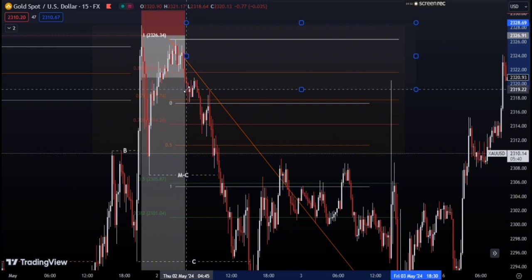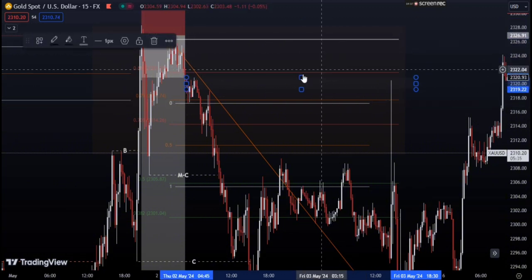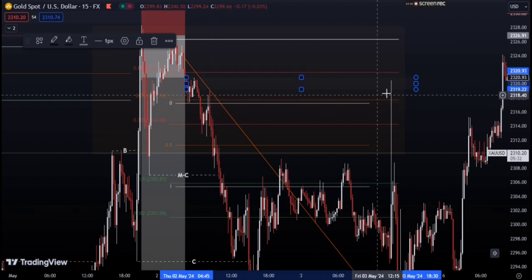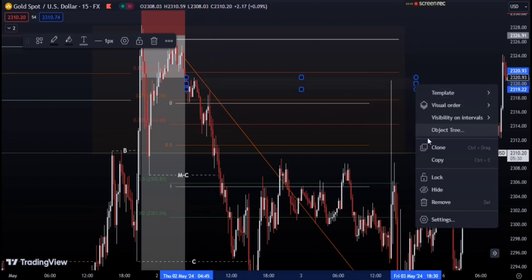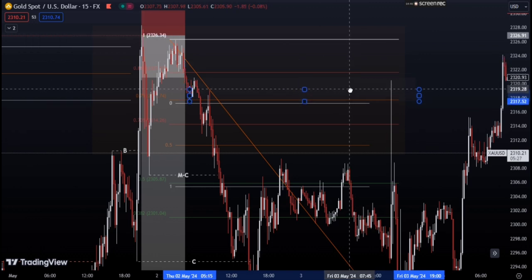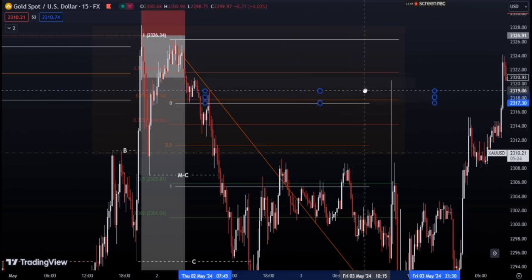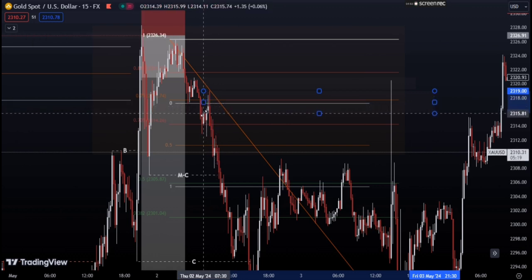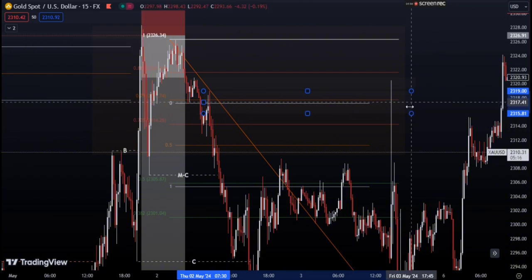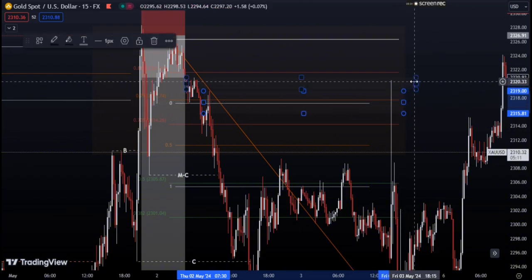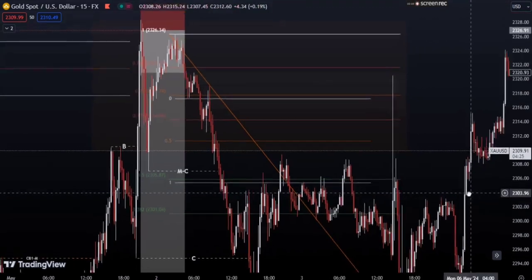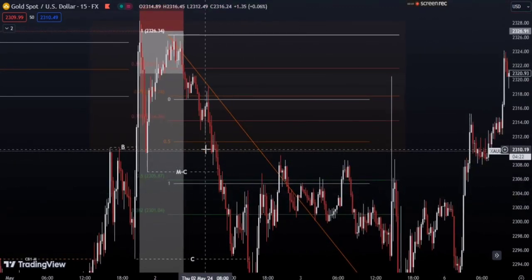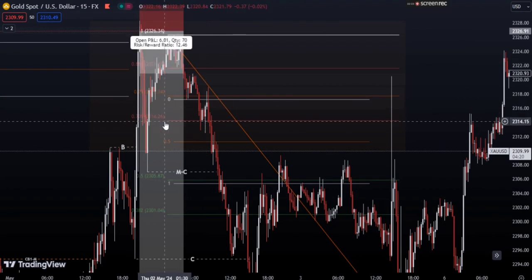I have that, which is a zone between the key levels, right? And then I have this. So as I said, this is just totally out, right? So now I'm left with this.